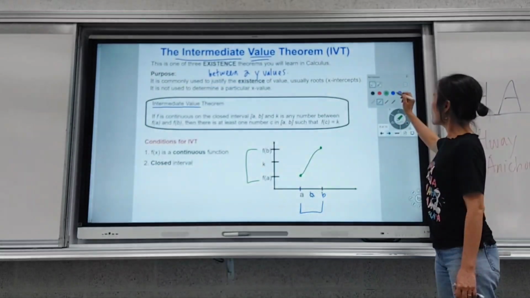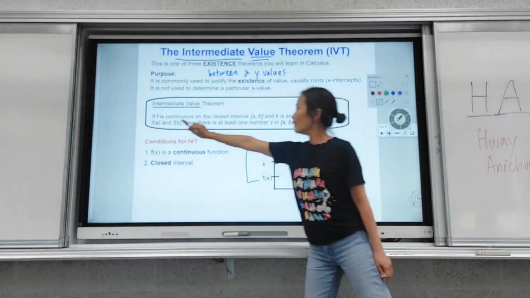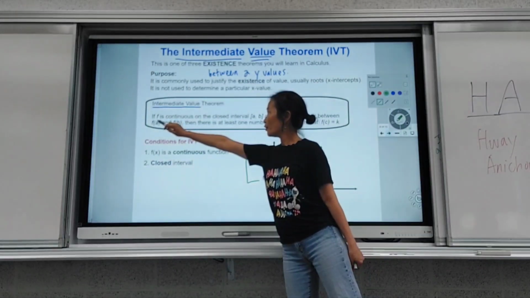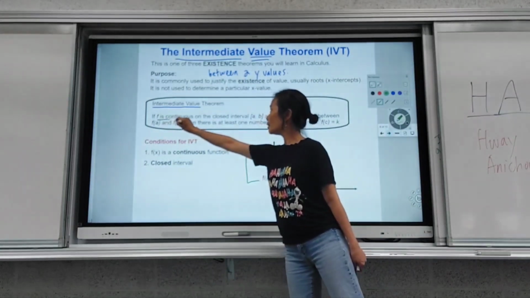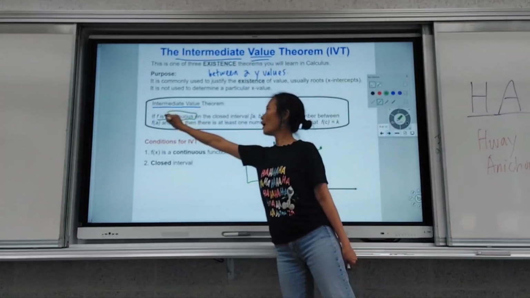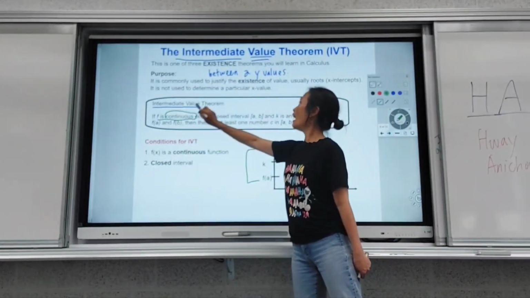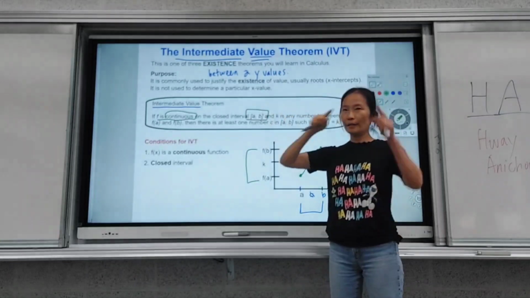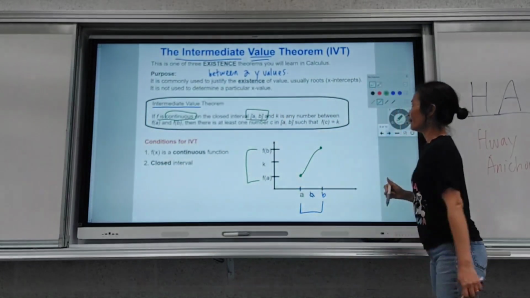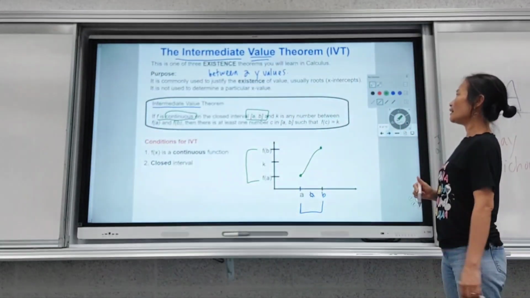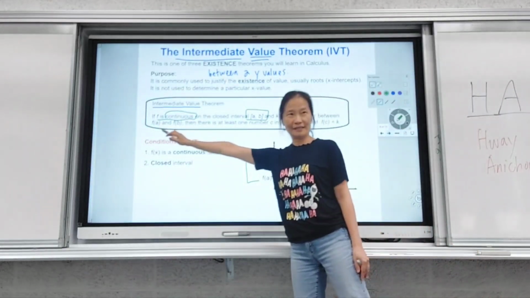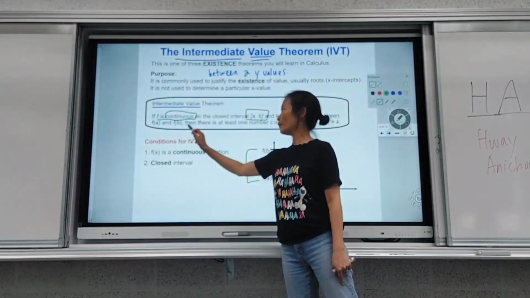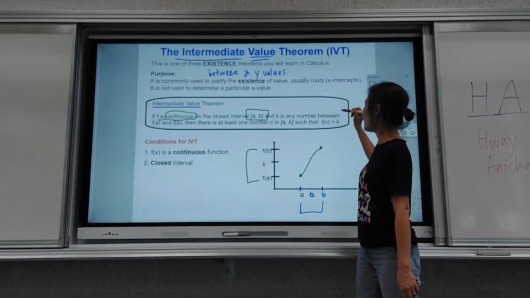Okay? So let's look at the definition of the theorem. If f is continuous, very important, you have to say that first, on the closed interval [A, B], K is any number between f of A and f of B. So K is actually the y value.